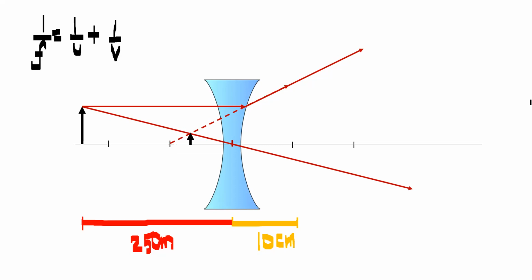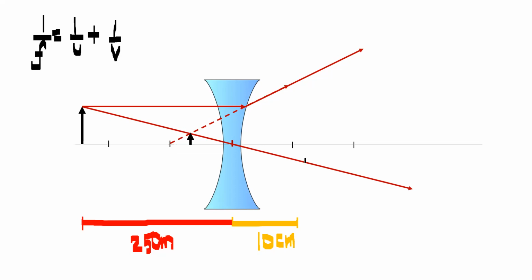Now, what's the answer? How much are you all getting? 30. Somebody put the answer. So the focal length is given, and the U. What is the U?